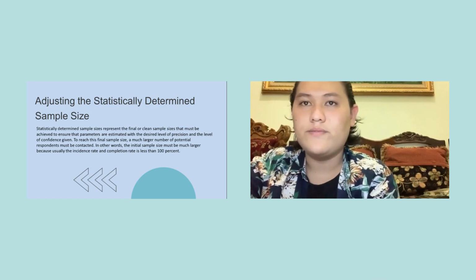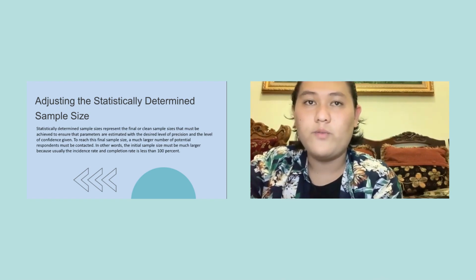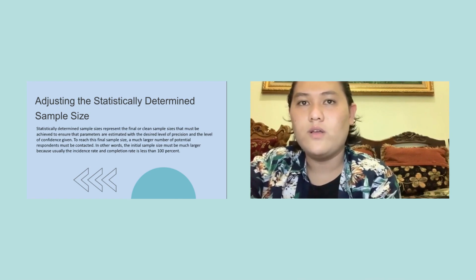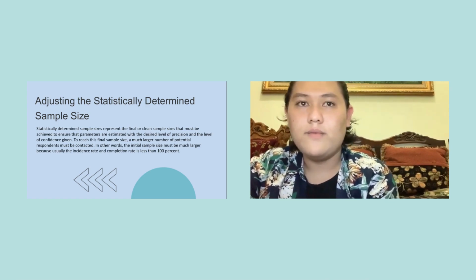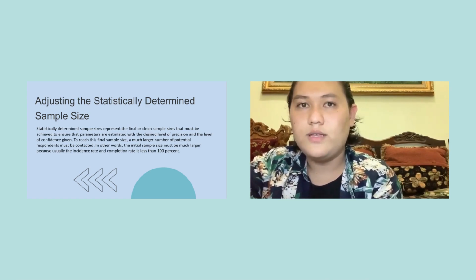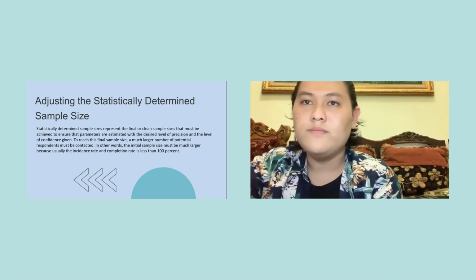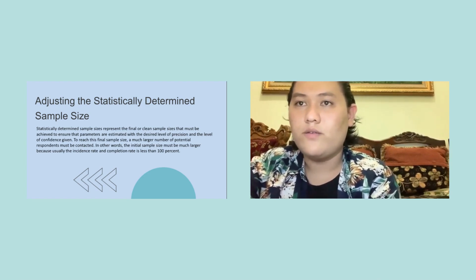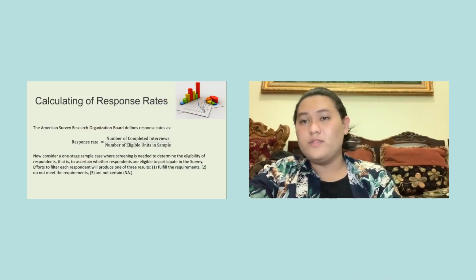To reach this final sample size, a much larger number of potential respondents must be contacted. In other words, the initial sample size must be much larger because usually the incidence rate and completion rate are less than 100%.